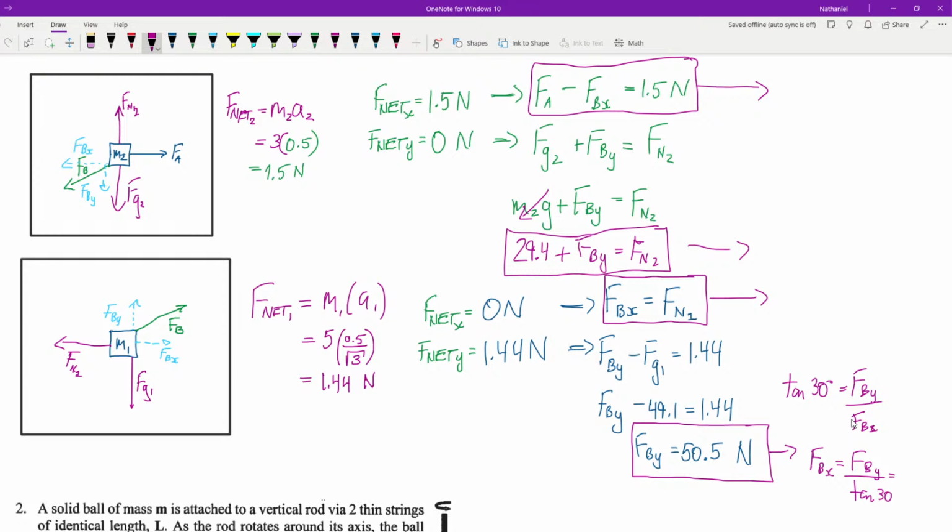So 50.5 divided by 1 over root 3, mate. We get 87. So let's say 87.4. Or let's just say 87.